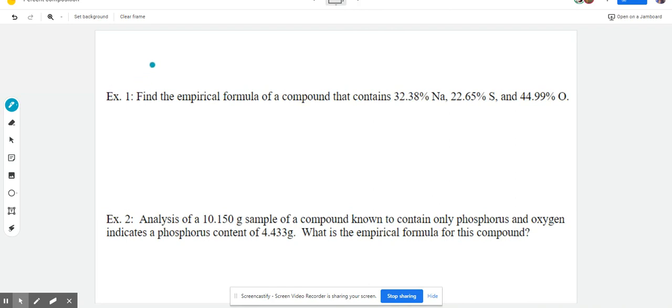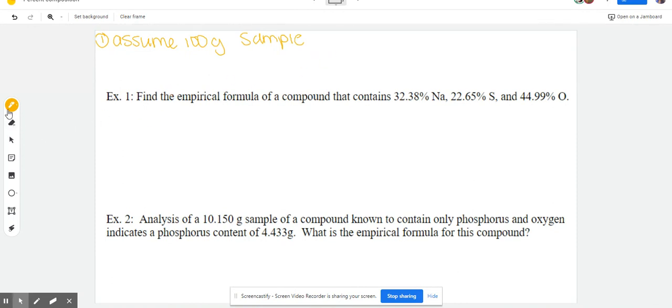So when we're finding empirical formula from a percent, you have 4 main steps. I'll color code these so that you can see the steps actually happen in the example itself. So the first thing is that we're going to assume a 100-gram sample, okay? It's a really tricky step.